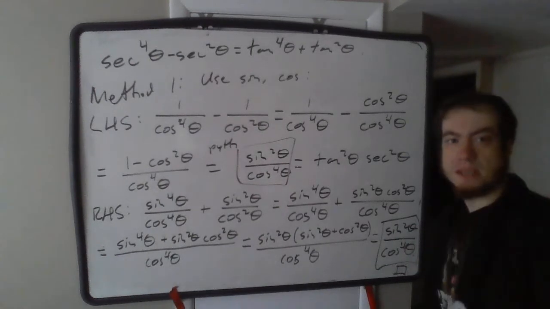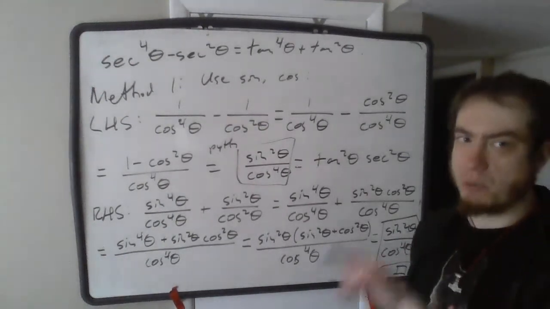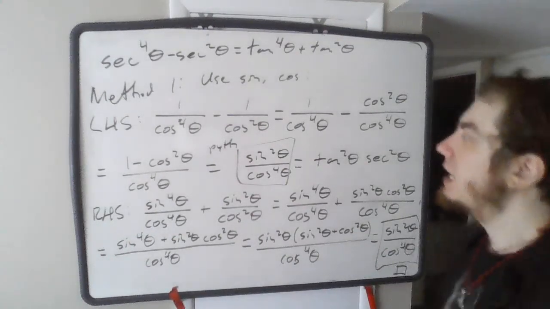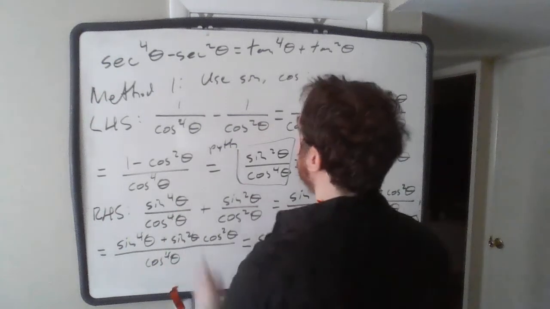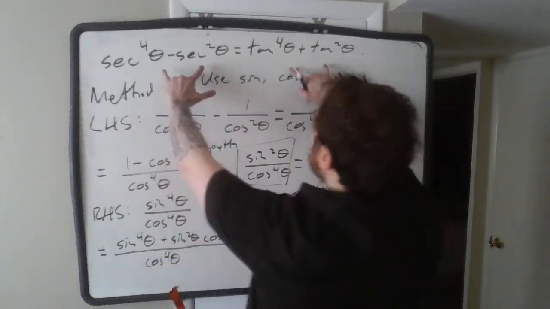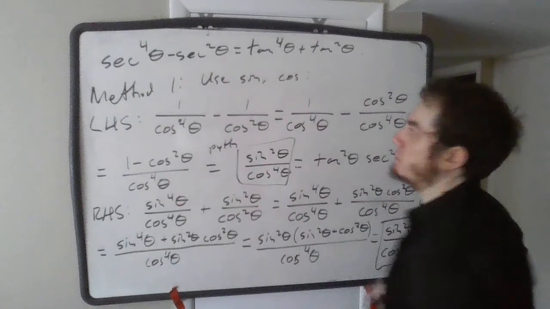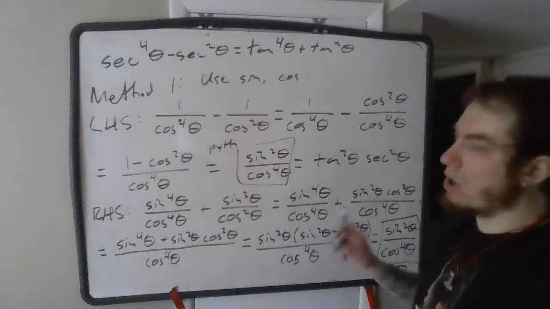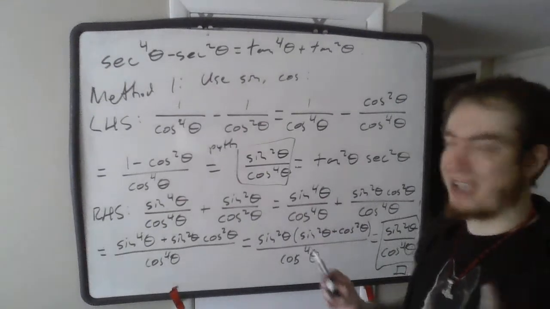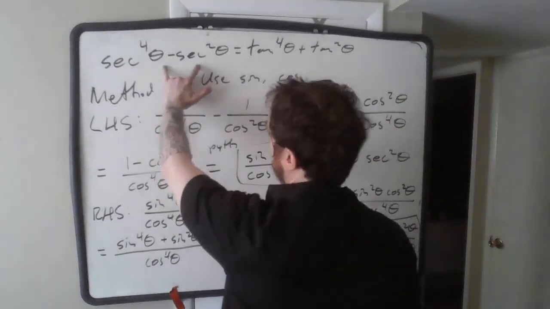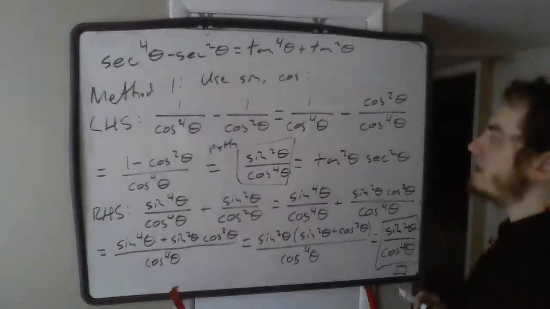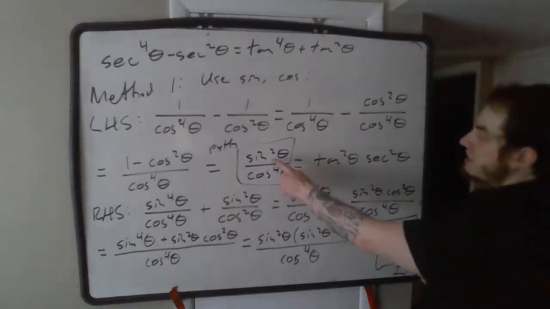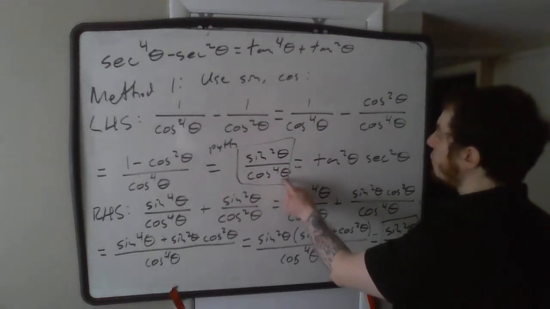So let's just run over everything we did in this example because, again, it is a complicated example. We started off by looking at this, and neither side was particularly simple to start with. So I thought, maybe I should just work both sides eventually. I started off by working the left-hand side, and eventually I got down to sine squared theta over cosine to the 4th theta.